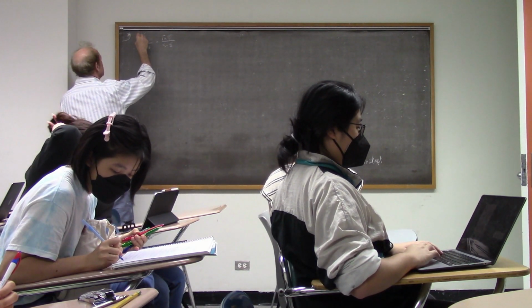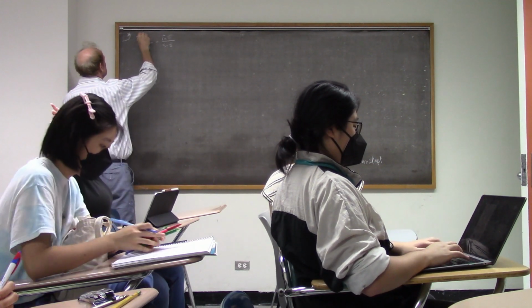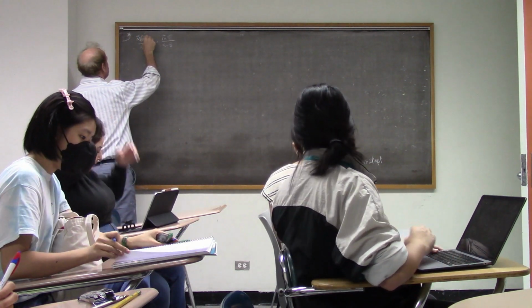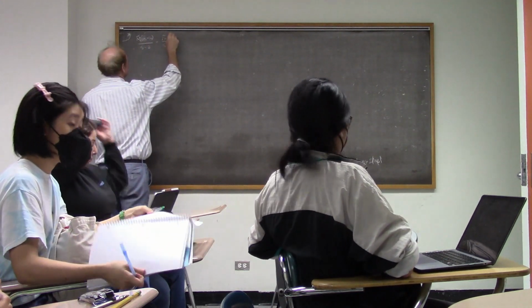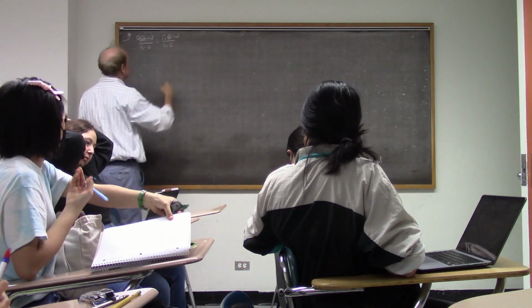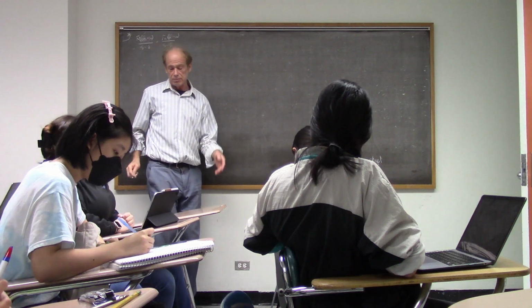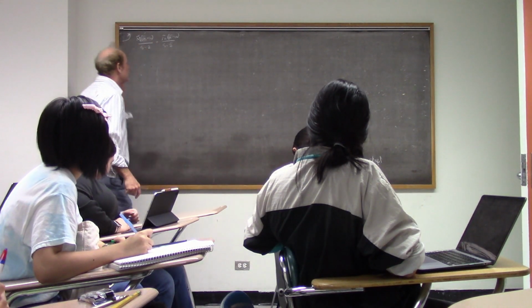So this is M tilde of alpha plus i omega, and this is M tilde of alpha minus i omega. Because remember, we're evaluating them somewhere. That's the whole point.